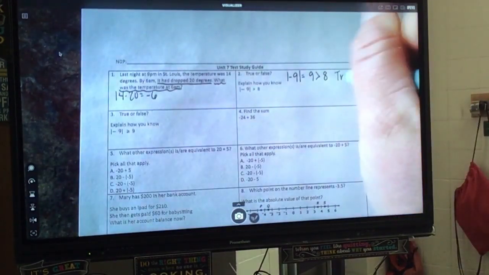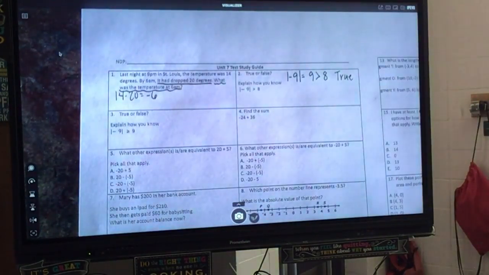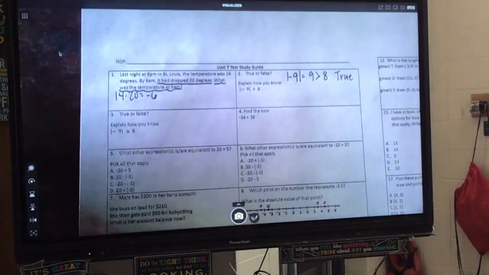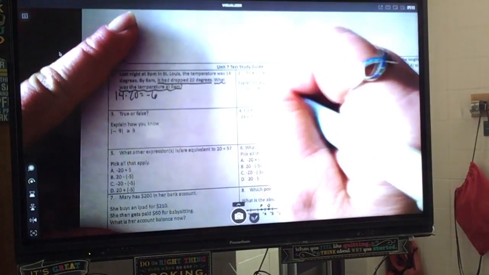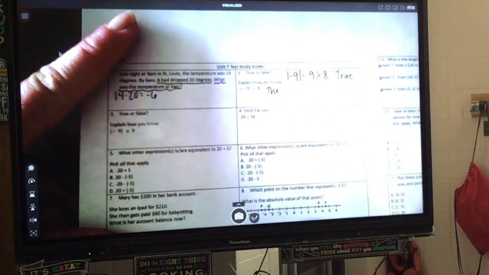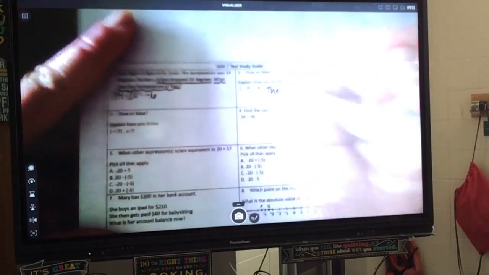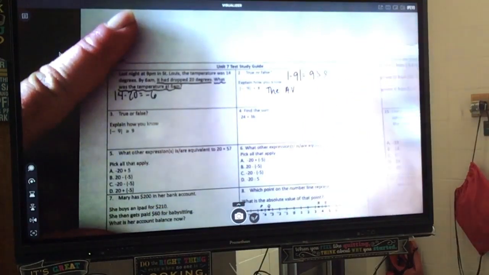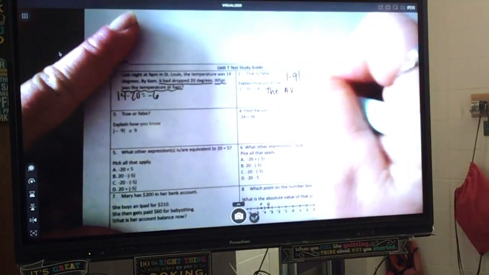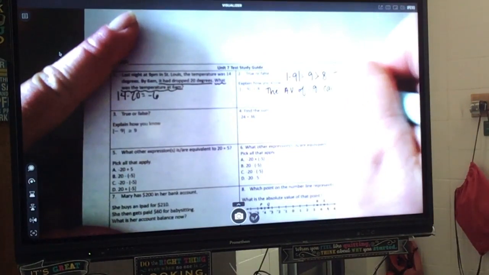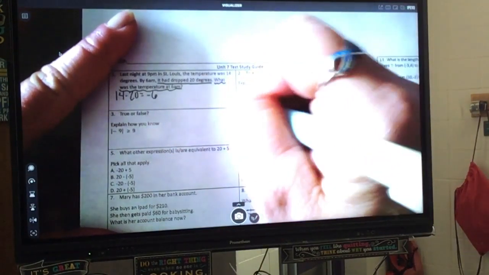And then go ahead, have a seat. What was your reasoning? Why was this true? Camden? Because when there's two lines like that, that means that it's absolute value, and absolute value can't be negative. So the absolute value of negative 9 can't be negative. So it has to be what?